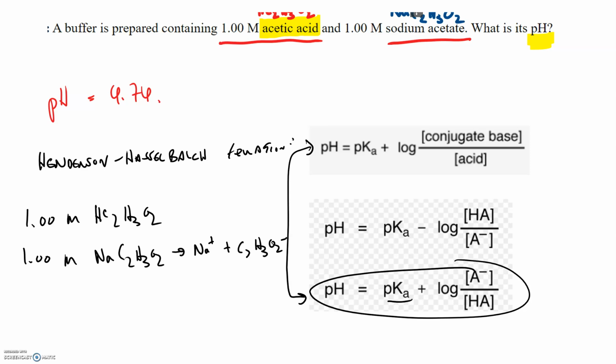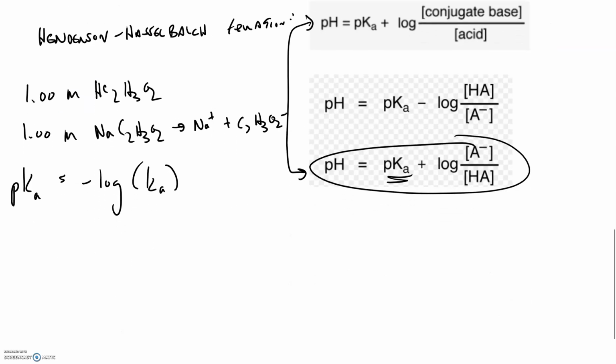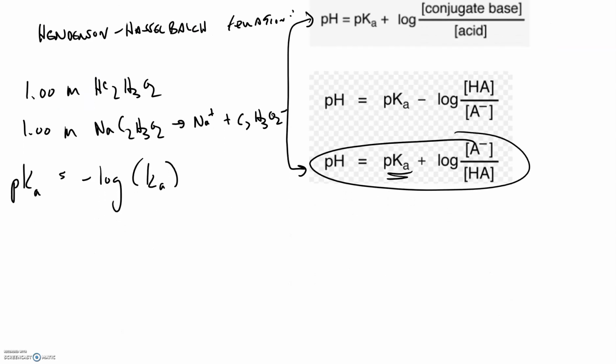And this thing called pKa, this is simply taking the negative log of the Ka. So pKa is going to equal negative log of the Ka, just like we have pH of H+. So let's try one of these. We've got 1 molar acetic acid, 1 molar acetate, and the Ka for acetic acid is 1.8 times 10 to the negative 5th.